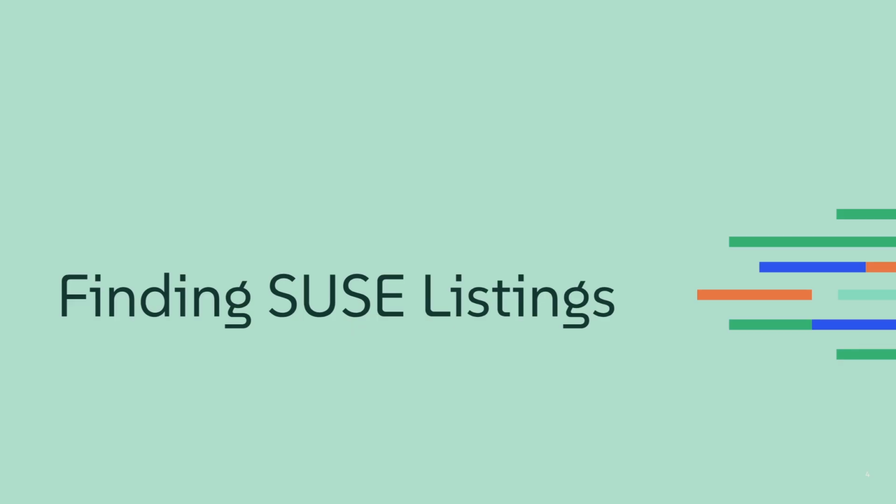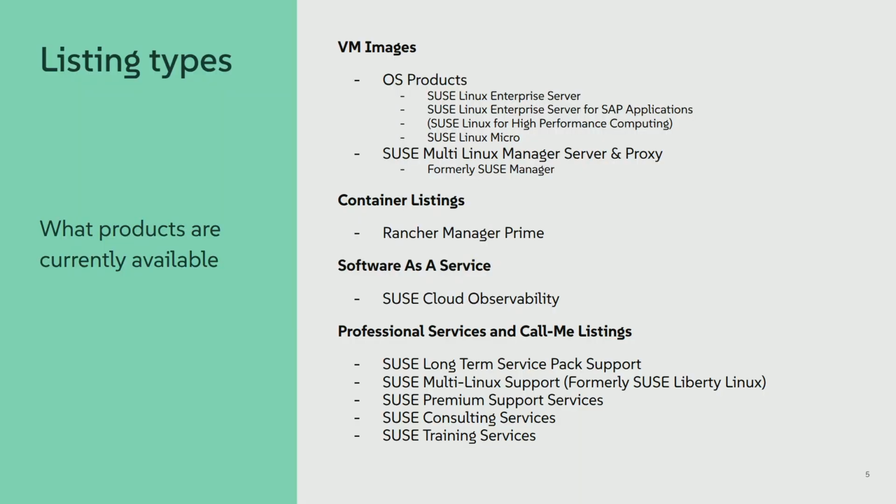So let's first talk about where you can find SUSE listings, because that is not necessarily simple and it is different per cloud provider. So we're going to just do a recap on that. So there are now 4 listing types that we have. Also, this is all cloud dependent. So we will try to point out where things are available in certain clouds and where they are not.